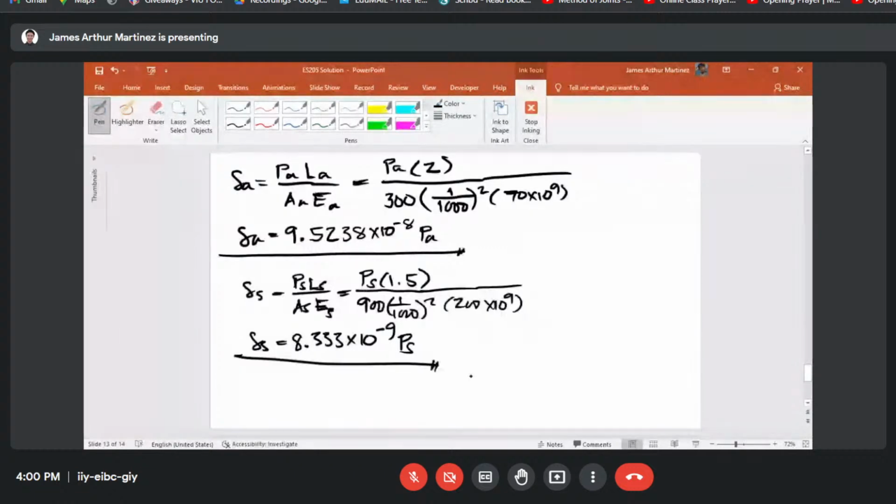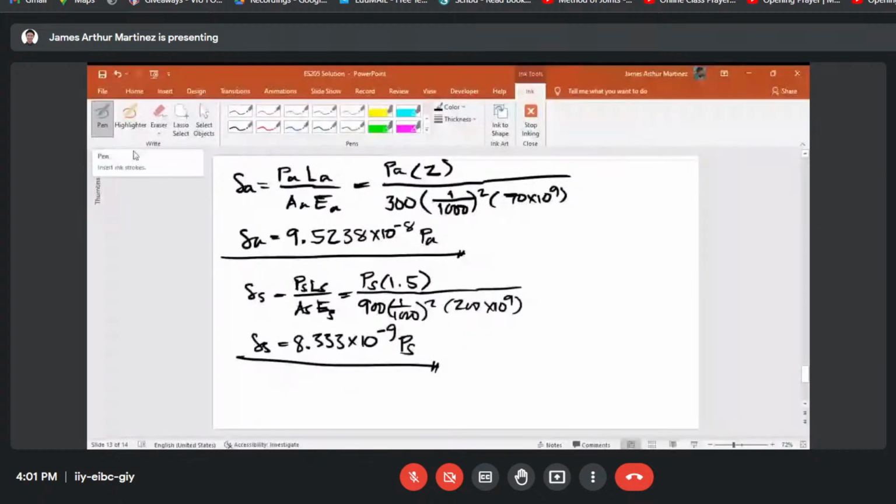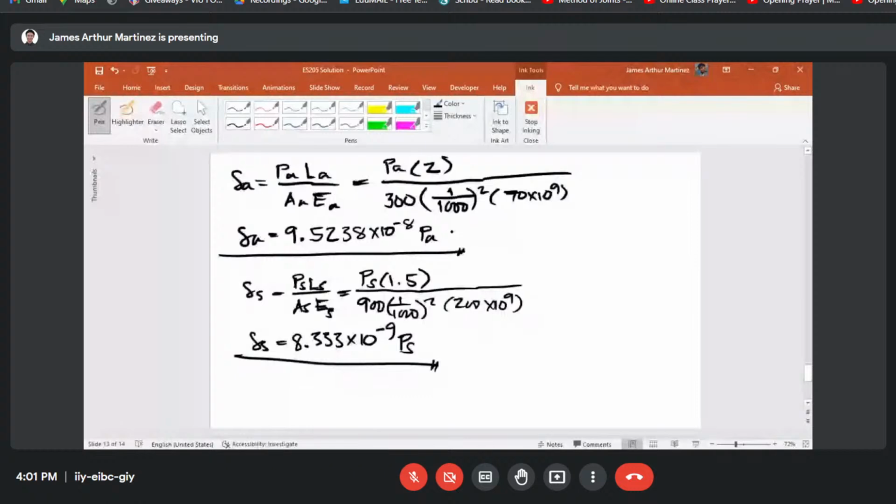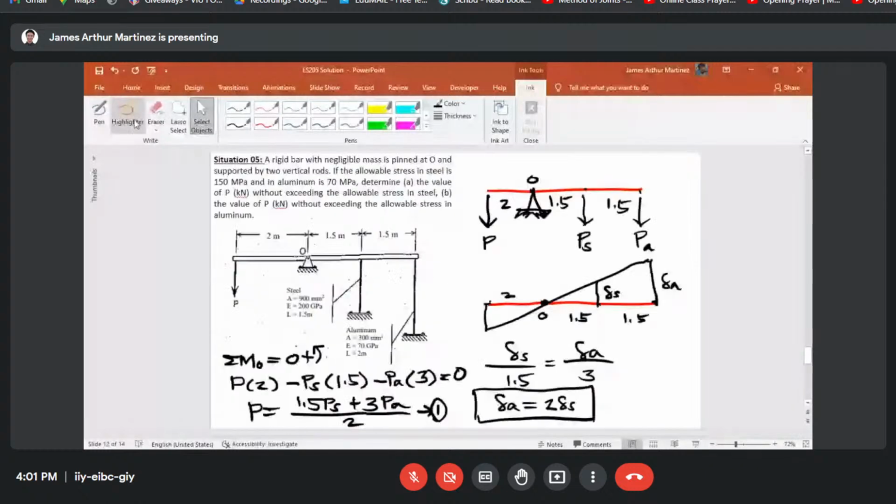So if we have this PS and PA, the internal reactions, then we just substitute the deformation of the aluminum and the deformation of steel to find the relationship of the internal reactions of your materials, steel and aluminum, since they are expressed as deformation and we are actually computing for PS and PA, our objective here.